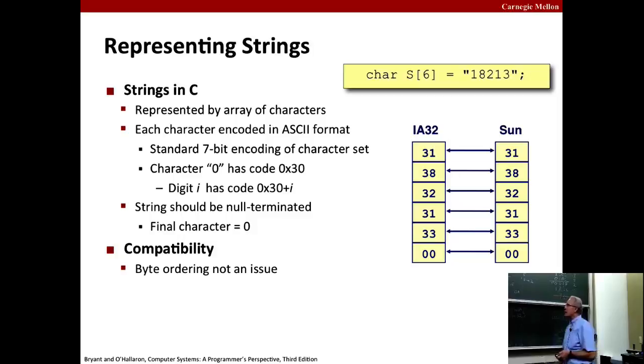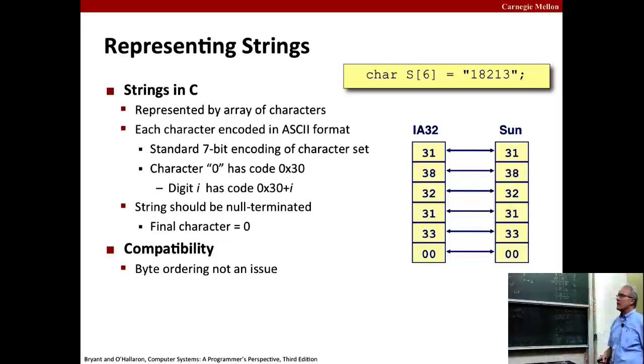One thing to note also is, regardless of byte ordering, the ordering of characters is the same. A string in C is always represented by a series of bytes where the final byte is 0, called null terminated. And the individual bytes correspond to the character codes for those characters.